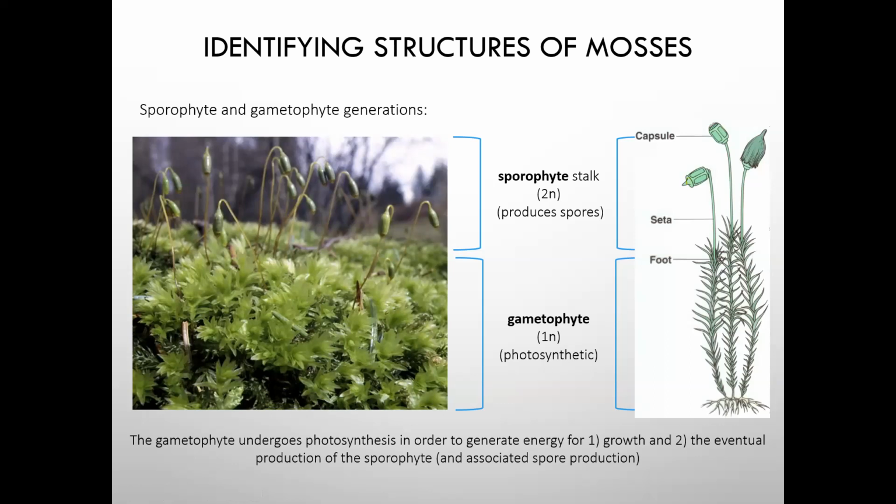The gametophyte is haploid or 1N and is photosynthetic. So the gametophyte is green and the sporophyte is typically a duller green or brown color. And the gametophyte is going through photosynthesis and using that energy to grow and produce the sporophyte and spores within it.